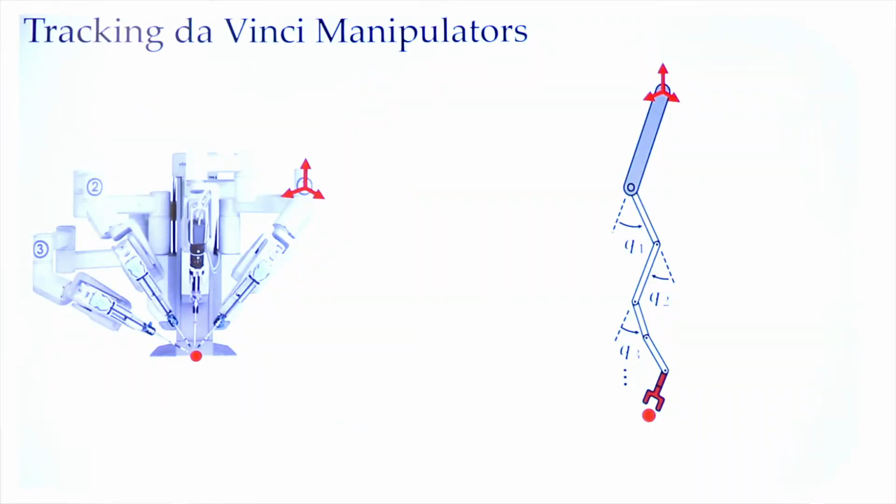The first thing that we need to accomplish in order to implement this image guidance system is accurate tracking of the Da Vinci manipulators, because we're going to use those for both the visualization and the registration, as you'll see in a moment. Others have used endoscopes for tracking the manipulators, but for this project, we're actually using a kinematic modeling approach.